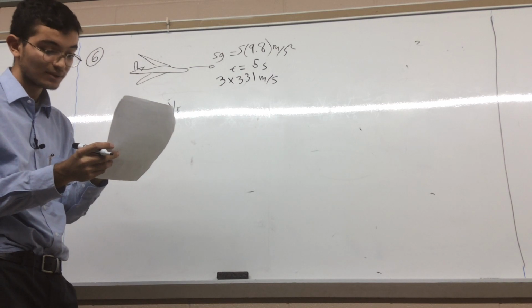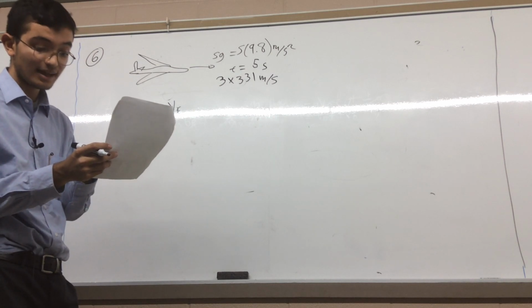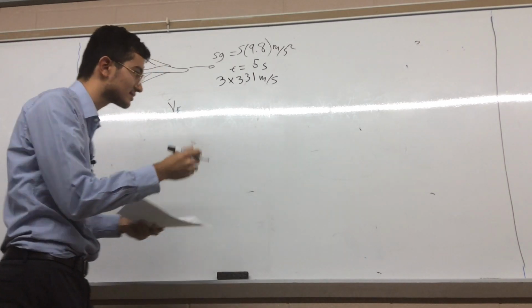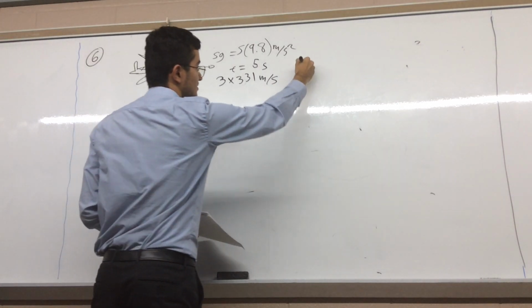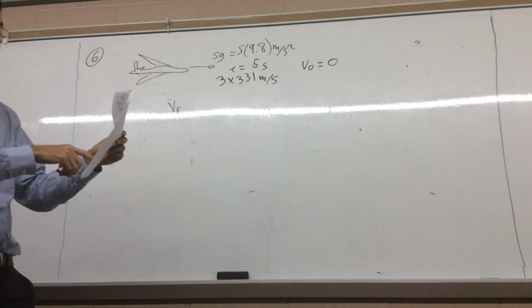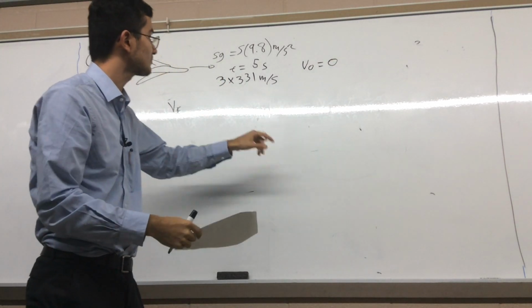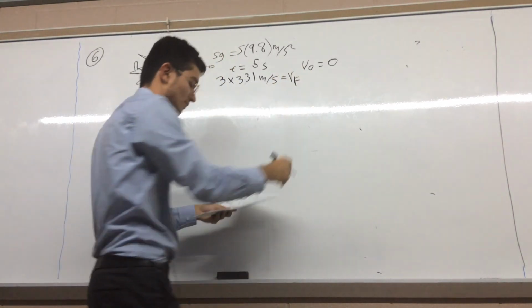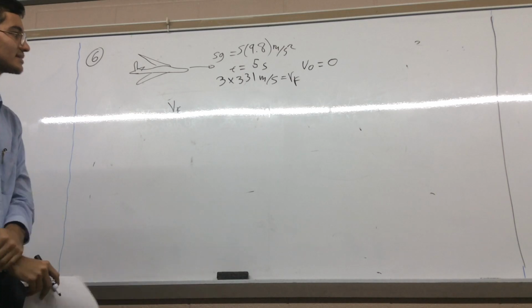A jet test pilot can accelerate at 5G. At that acceleration, she will black out in 5 seconds. She plans to start from rest. From rest means that V0 is 0. And she will speed up to Mach 3, but that means that will be V final. So how long will this take?